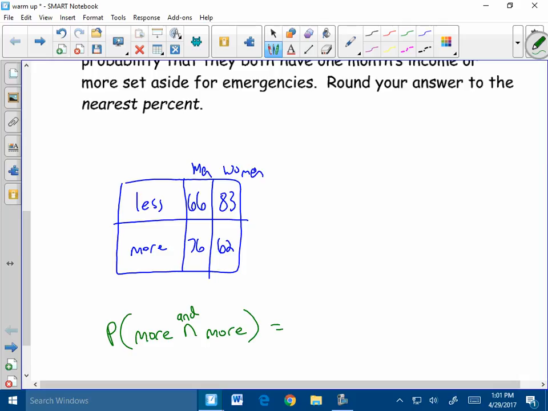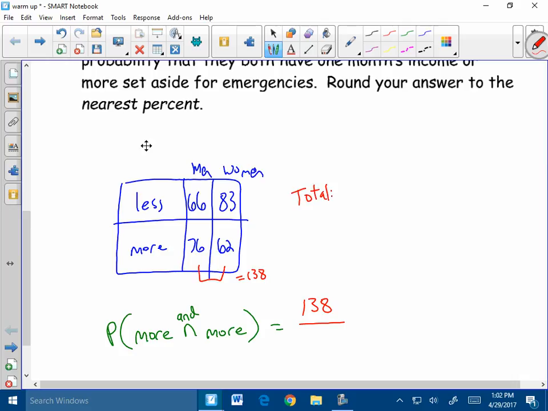So we need to get the total amount of people that have more than 1 month's income set aside. So if we add the 76 men plus the 62 women, we get 138. So 138 workers have more than 1 month's income set aside. We then have to divide that by the total.